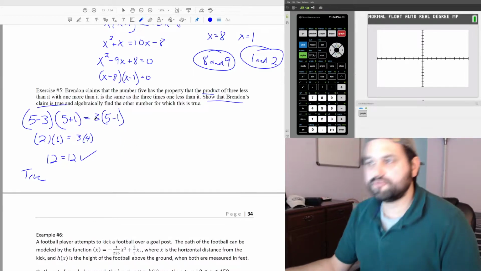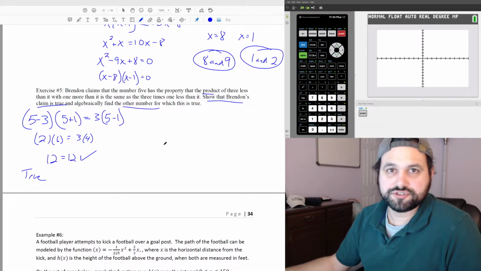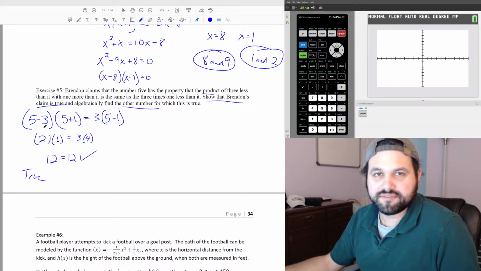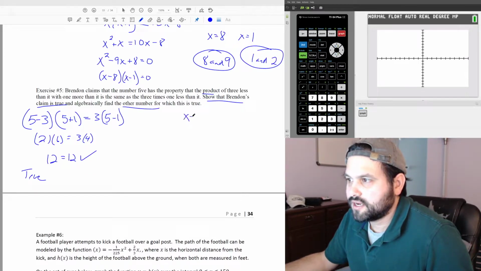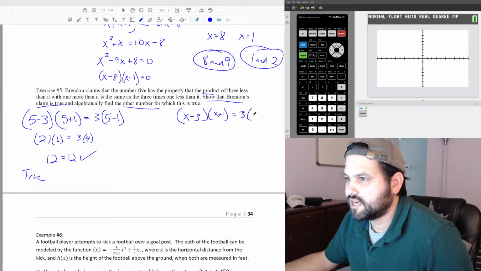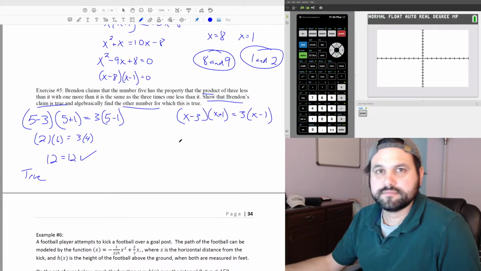Now we have to algebraically find the other number for which this is true. So instead of 5, now I'm just going to replace all these with x's. So x minus 3, x plus 1 equals 3 times x minus 1. And solve.